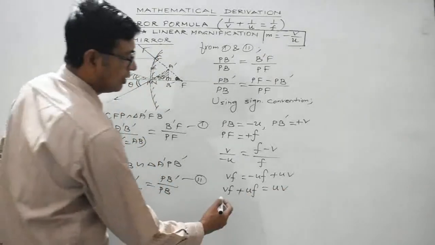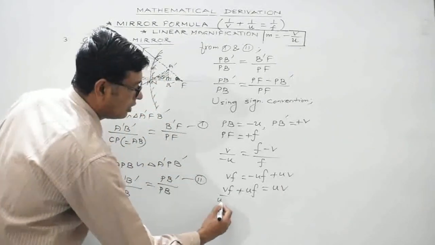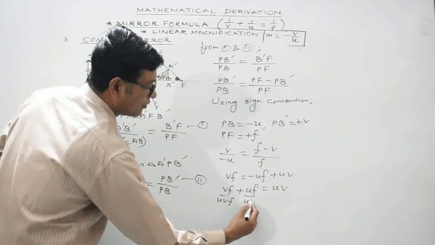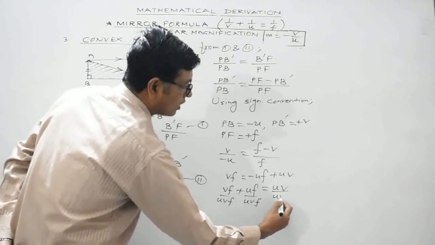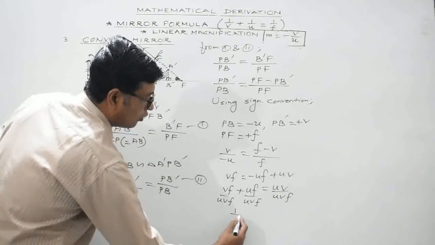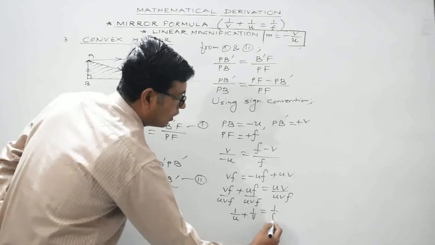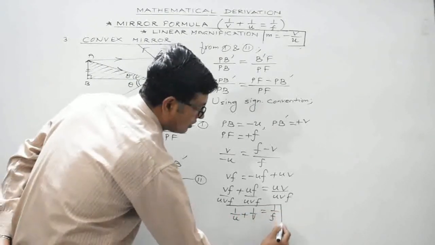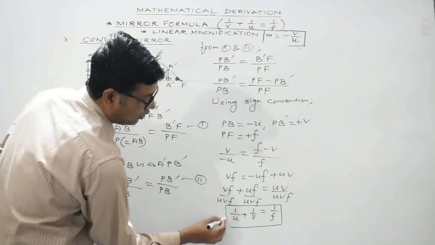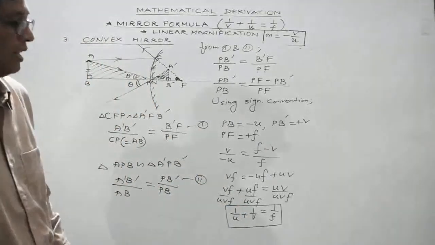And lastly, if you divide throughout by UVF, as we have done in the previous two articles as well, what do we get? 1 by U plus 1 by V is equal to 1 by F. And that's the mirror formula for convex mirror as well.